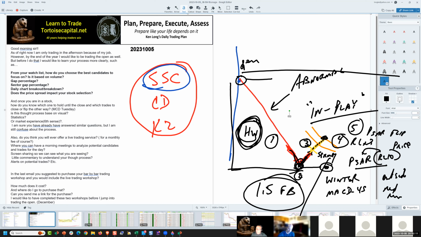So when it does flip, when the RL10 goes through the PSAR, then the PSAR flips on the next one, and then that gives us the size of the execution risk. And that's usually pretty close to an MMRB.